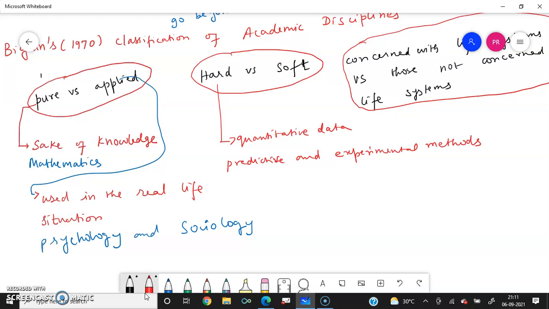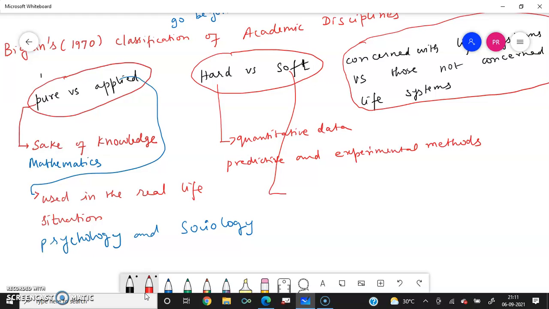Here, quantitative data is the keyword, and predictive and experimental methods are used. This is known as a hard discipline. For example, physics, engineering, computing, chemistry come under the hard discipline. It creates a lot of knowledge, with greater concern for development and cognitive goals.